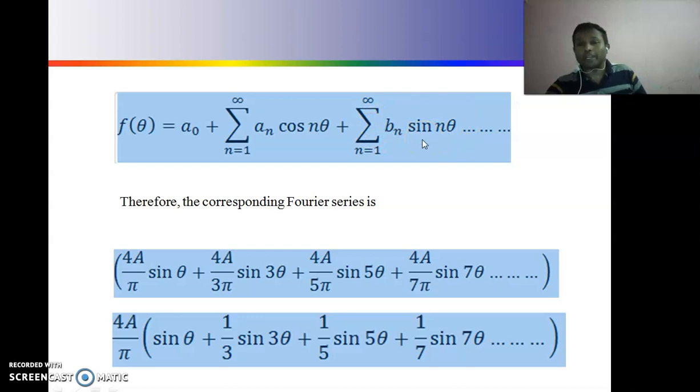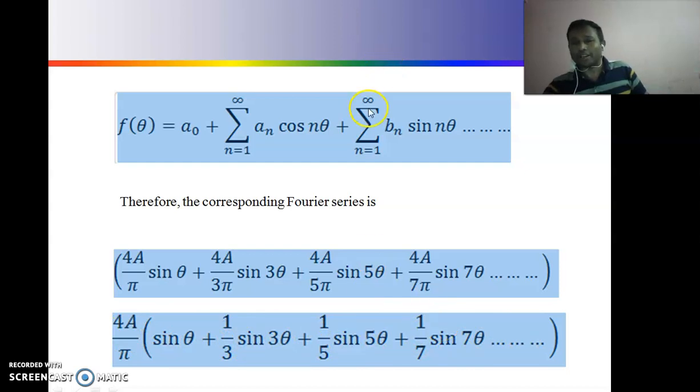Hence this is only for the odd values, and this is expanded further and solved in this step to get 4a upon pi as a common factor from these various terms, and this equation leads to this one.